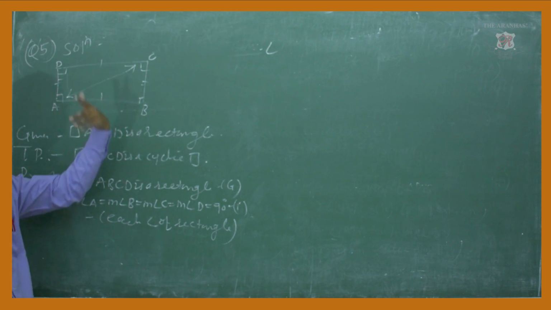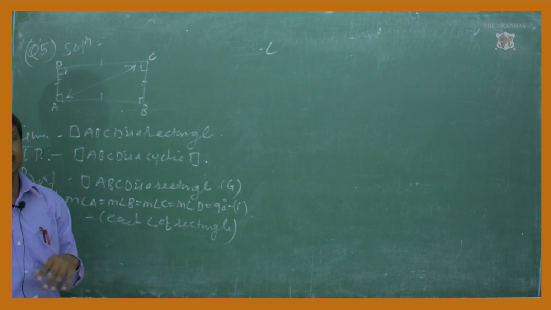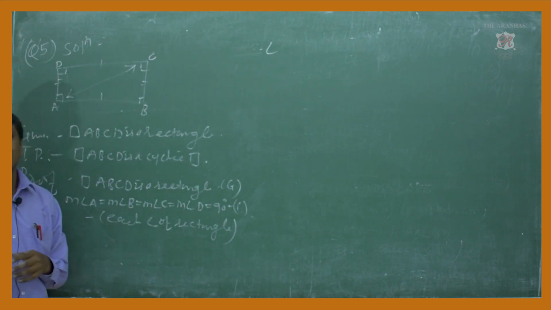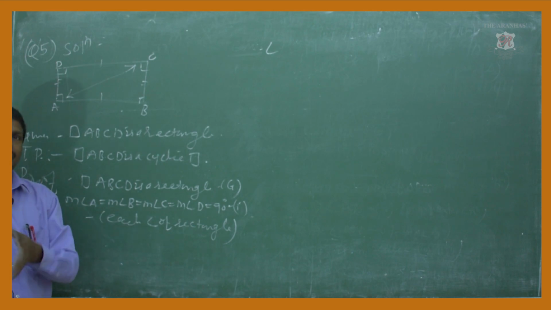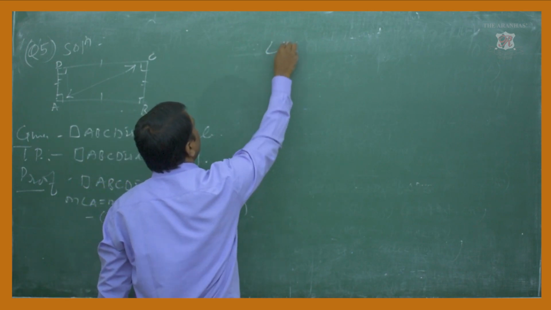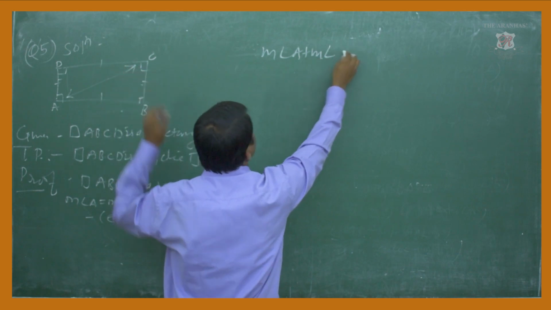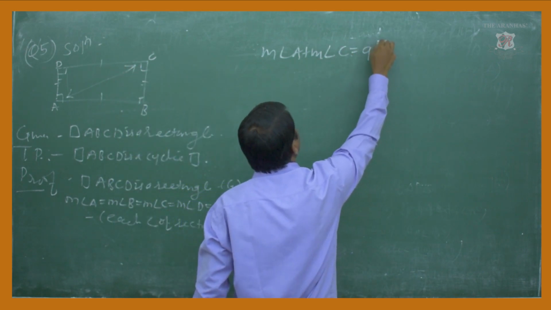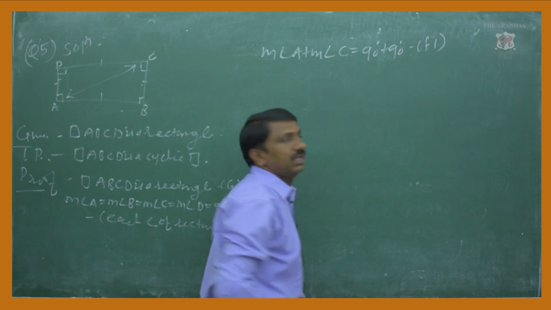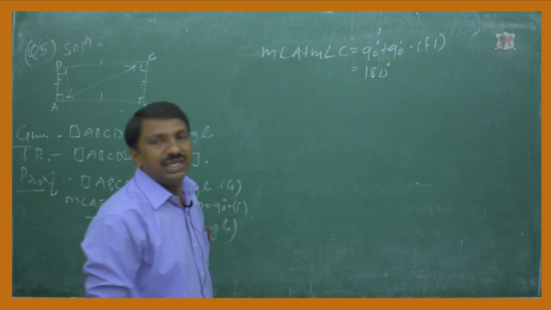Adjacent angles are also an option, but we require opposite angles, because we explained in the previous part that opposite angles of a cyclic quadrilateral are supplementary. So we will take the pair: measure of angle A plus measure of angle C equals 90 degrees plus 90 degrees, from statement 1. So 90 plus 90 is 180 degrees.